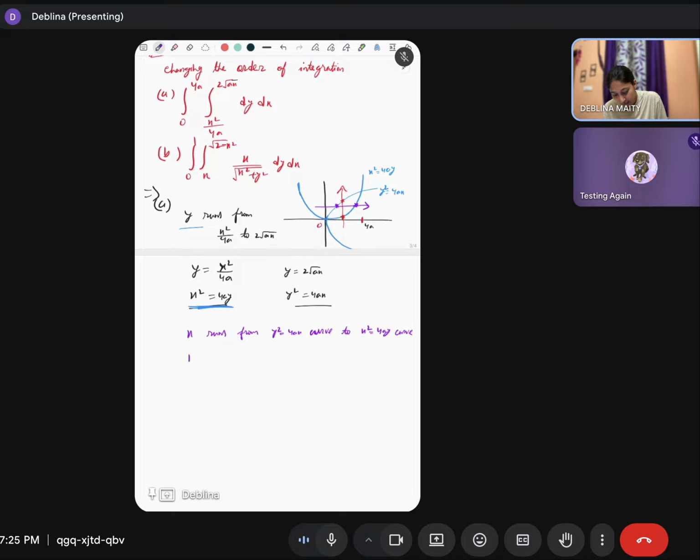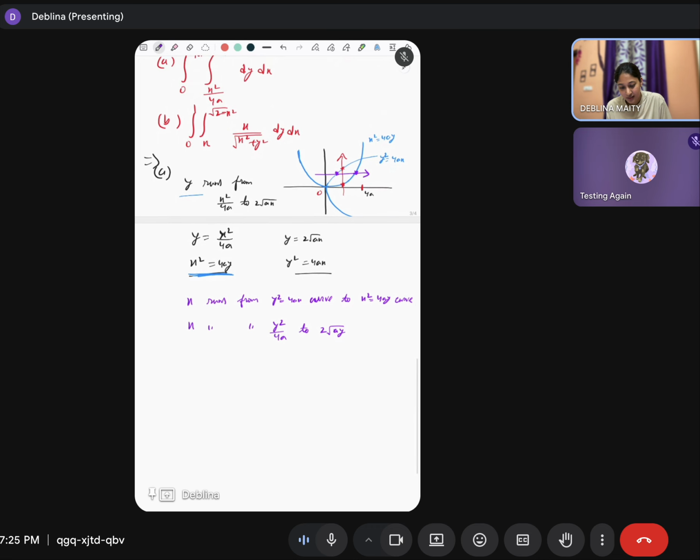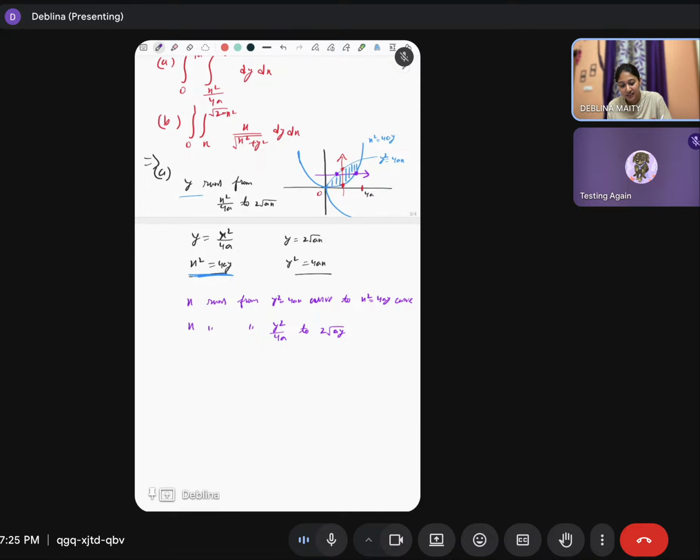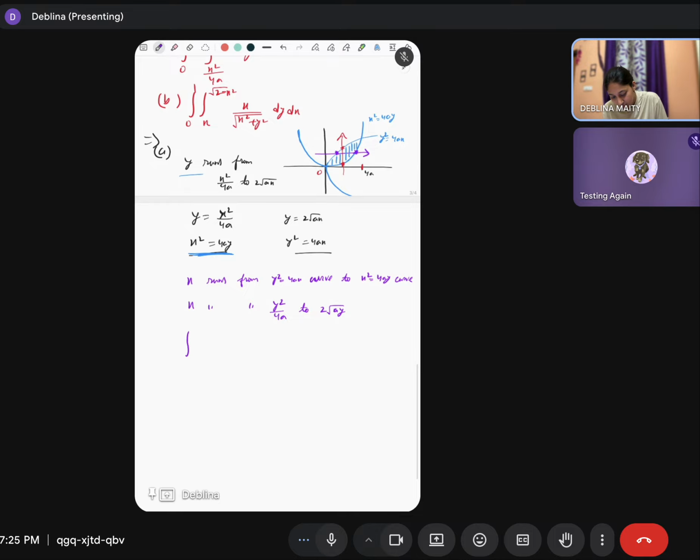So x runs from y square by 4a to 2 root over ay. This is how x is changing in this region. We were given in the vertical direction how y changes; now we are finding how x changes.